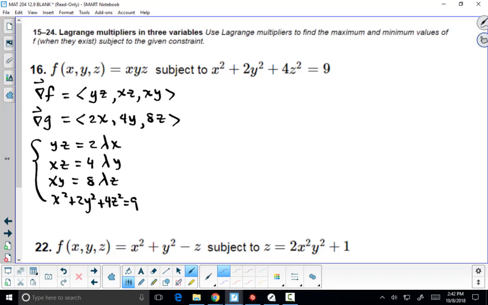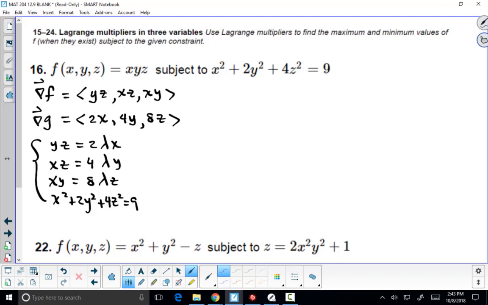All right, so now we've got to somehow mash those all together and plug into the constraint and find an x, y, and a z. If you look at this, you can combine the top two equations in a way to possibly eliminate one letter.